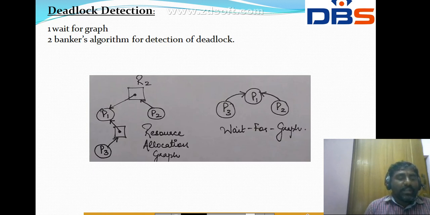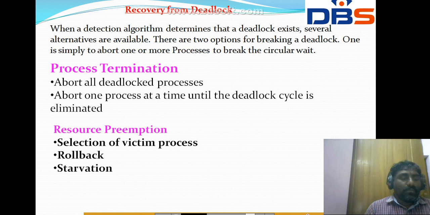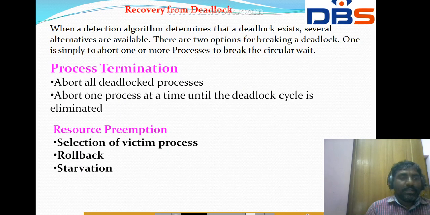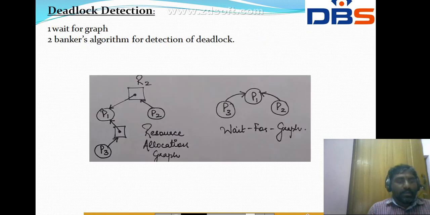The wait for graph is an enhanced version of the resource allocation graph in which we do not show the resources. This one is for single instance of each resource type.